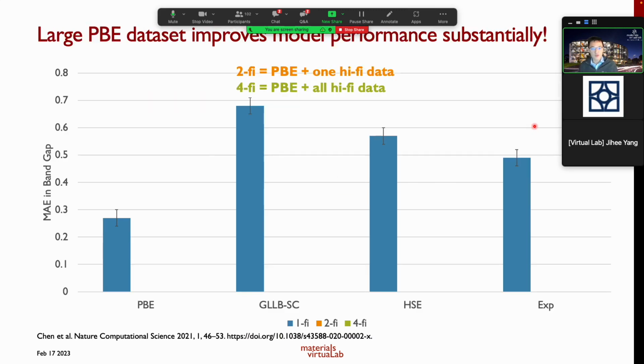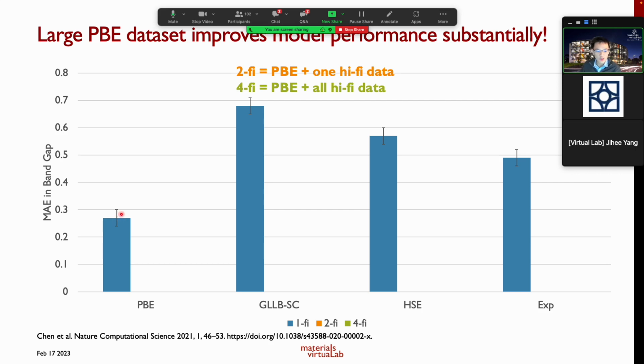Okay, so the way that I show this is, first of all, we fitted single-fidelity MEGNet models with each of the data sets. You can see that for your PBE data set, you actually get the lowest mean absolute error. So you are very precise about something that's very inaccurate.